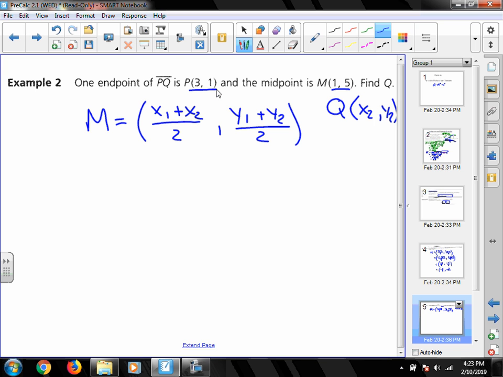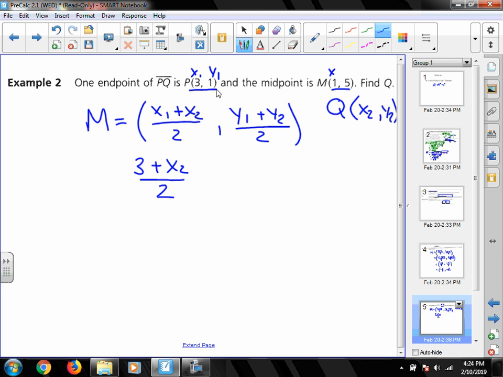So to find that midpoint, I'm going to let my 3 be my x sub 1, and 1 will be y sub 1. So I plug into my formula. I'm going to take 3 plus the unknown x value that I'm looking for divided by 2. Now, I'm not actually going to use the whole formula. This piece, 3 plus x sub 2 divided by 2, is how I find the x value of my midpoint.